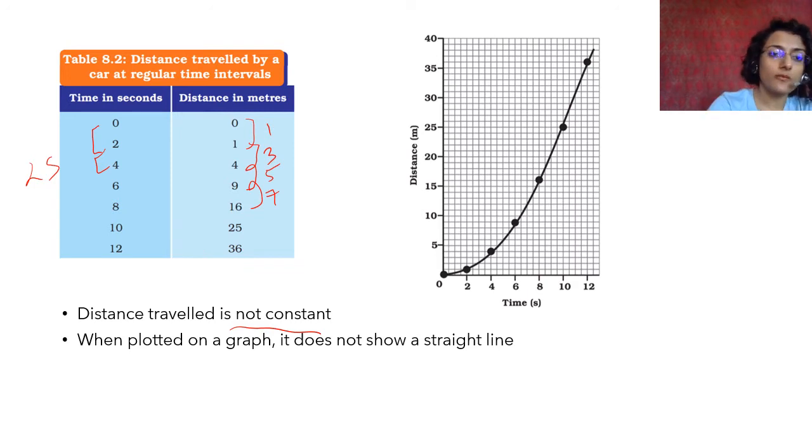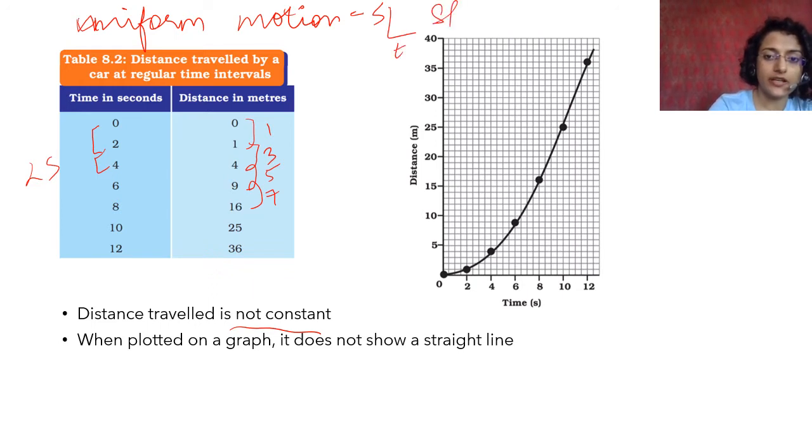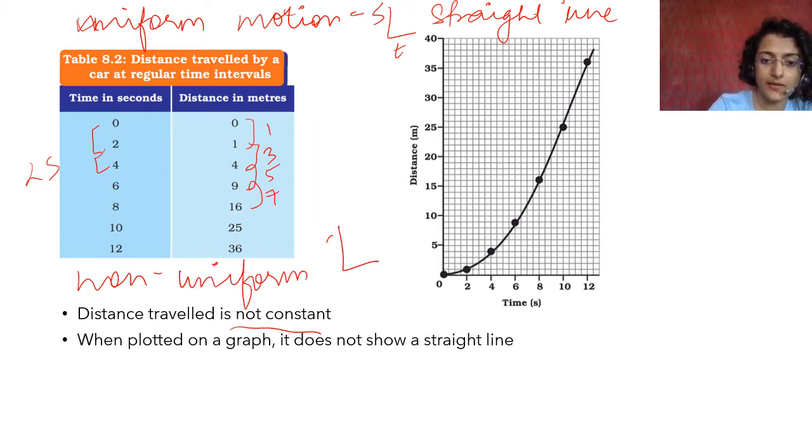So uniform motion on a distance time graph gives a straight line, whereas non-uniform motion on a distance time graph does not show a straight line.